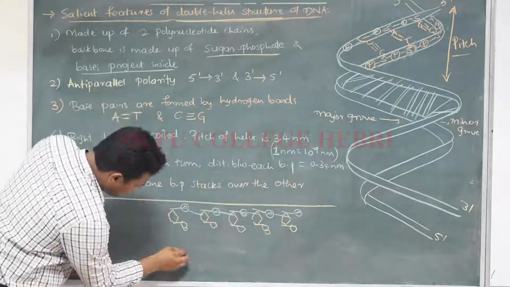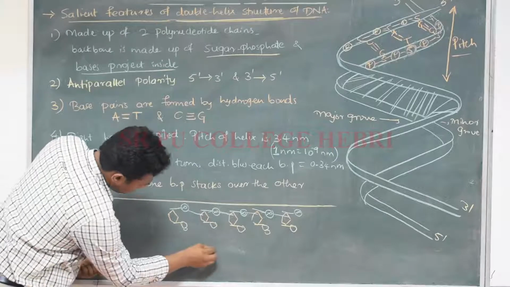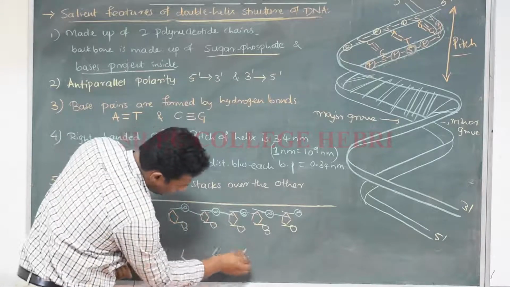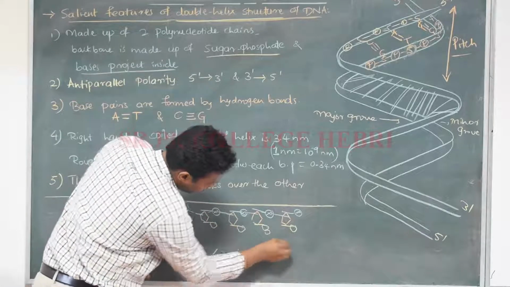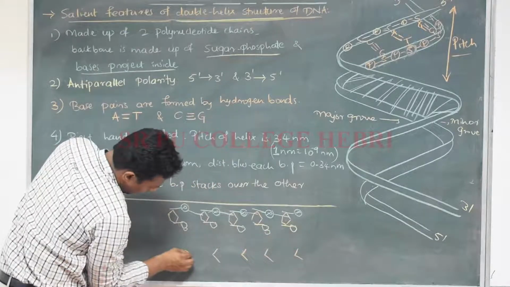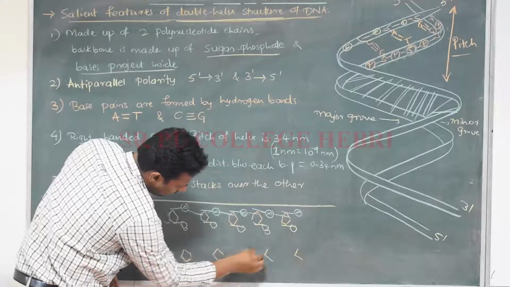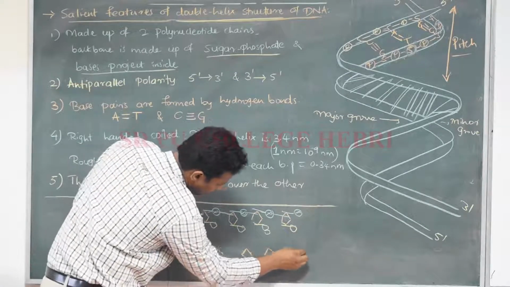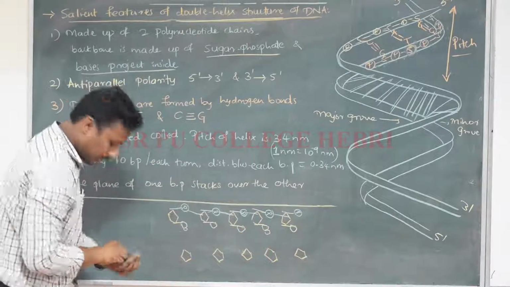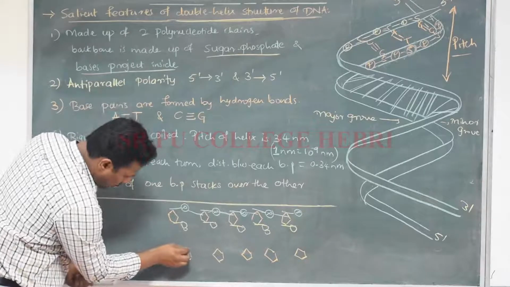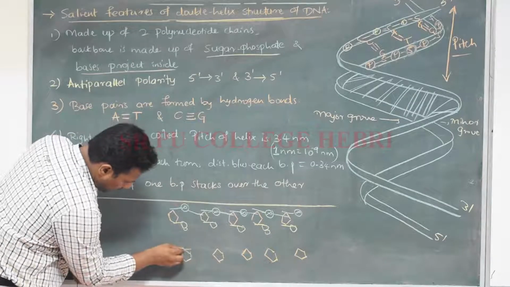Okay, so how is that? See, I'm going to draw that also now. Similarly, just like how I drew the first one, I'm drawing the second chain which is anti-parallel to the above chain. Okay, now the first carbon atom has got which one? The first carbon atom has got the nitrogen base.